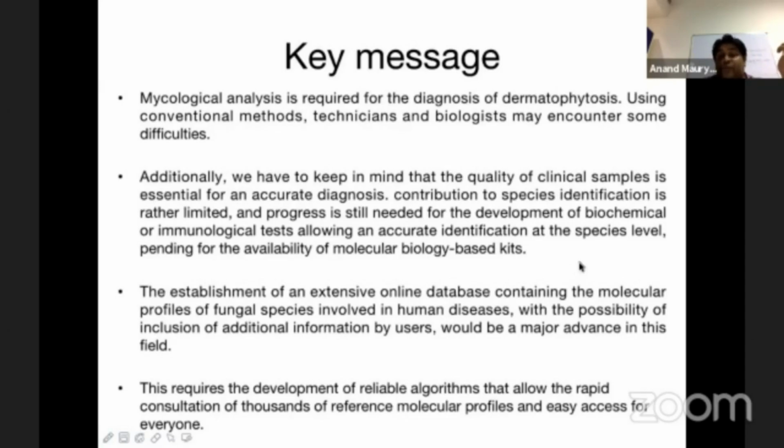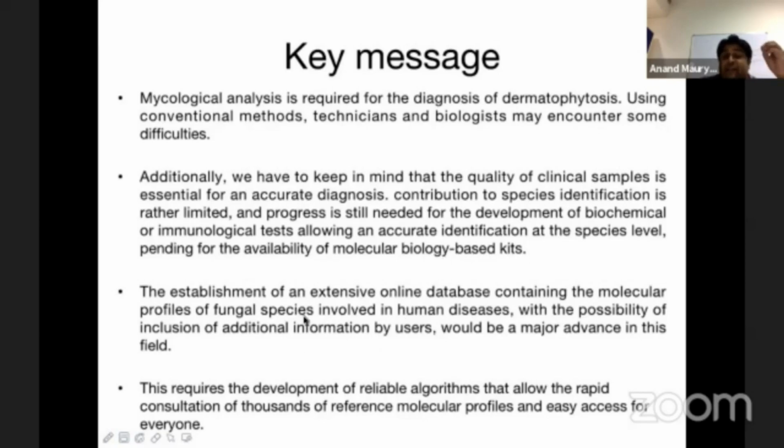Contribution to species identification is rather limited, and progress is still needed for the development of biochemical and immunological tests, allowing accurate identification at the species level, and depending on the availability of molecular biology-based kits.